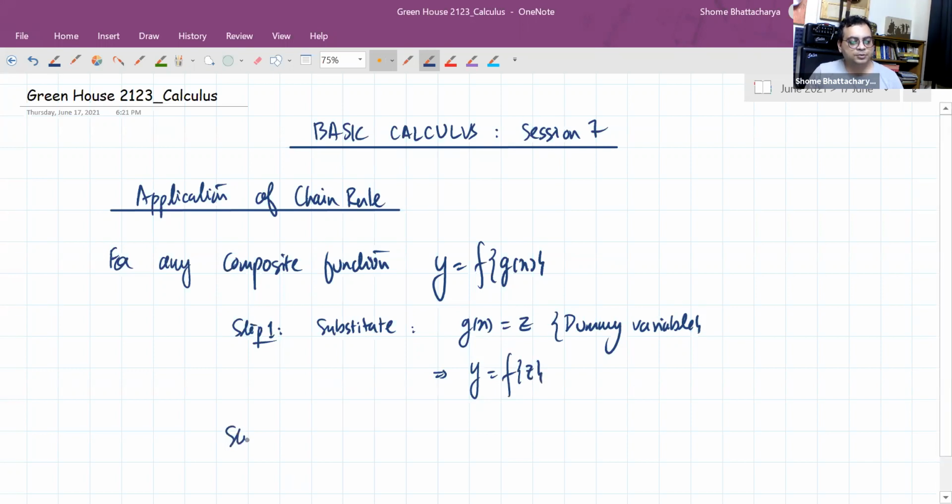So the next step: when we want to find the rate of change of y with respect to x, we cannot differentiate directly because we have now defined y in terms of z and z is in terms of x. So we define it as the rate of change of y with respect to z multiplied with the rate of change of z with respect to x. This is what we call the chain rule step. In fact, it's a chain rule because we are establishing a chain of three variables. y is related to z, z is related to x.